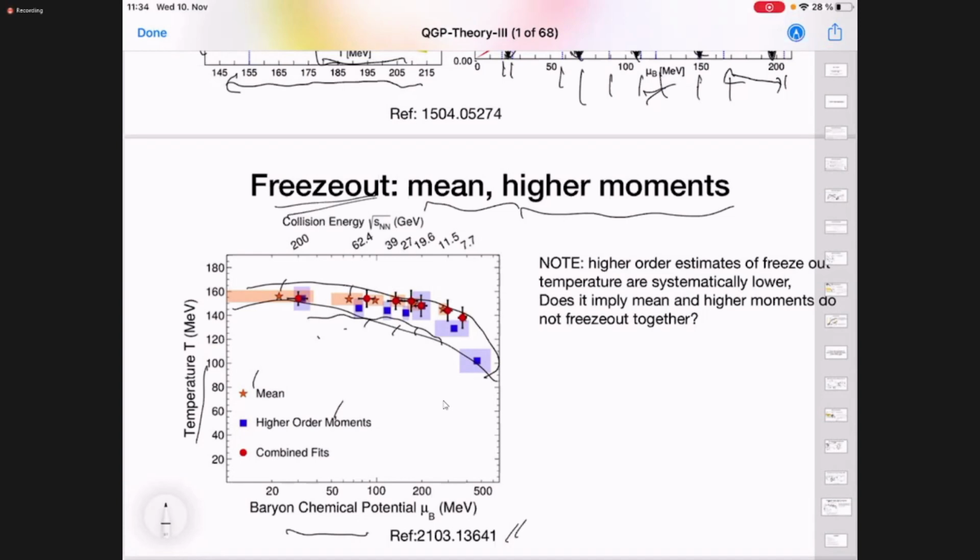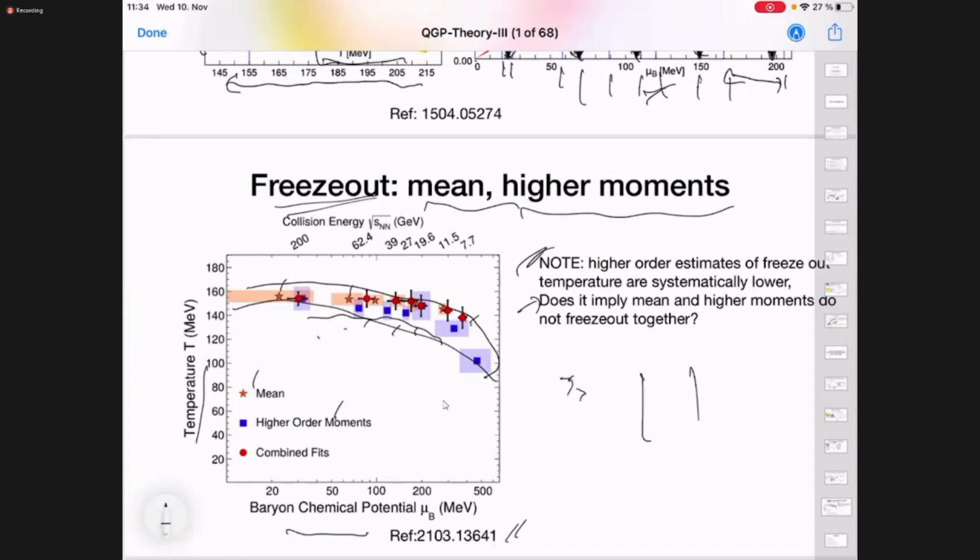So note what I just mentioned here, that the higher order estimates of freeze out temperature are systematically lower. One example of a detailed question that one could ask is, does it imply mean and higher moments do not freeze out together? Because from the yields, it's more like the chemical freeze out, where the chemical composition has frozen, but there could still be some elastic scatterings happening.